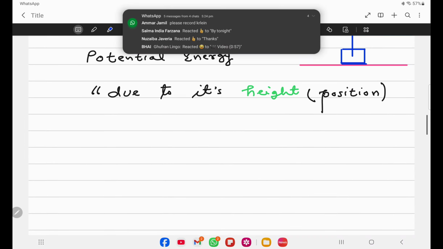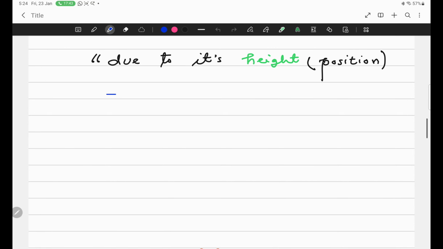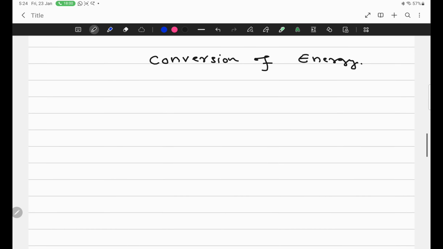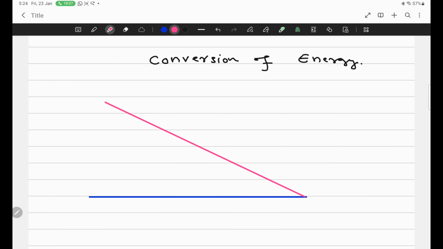And now I'm teaching you the next heading. The next heading is interconversion of energies. So what does it mean? I am explaining. Consider this is ground, and on this ground, consider this is a ramp.